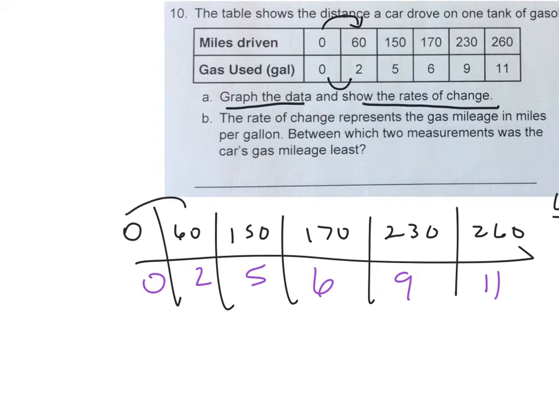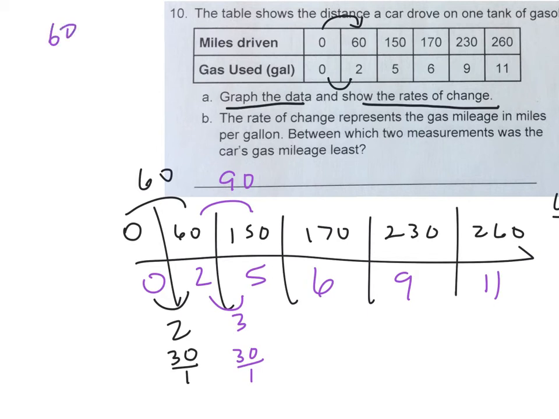So between 0 and 60, that's 60. This is an increase of 2. So 60 divided by 2 is 30 over 1. Now to go from 60 to 150, that's an increase of 90. And to go from 2 to 5, that's an increase of 3. So I have 90 over 3, which is 30 over 1.